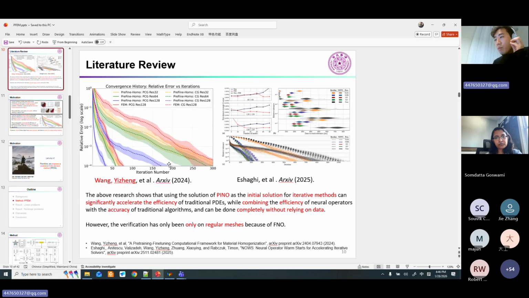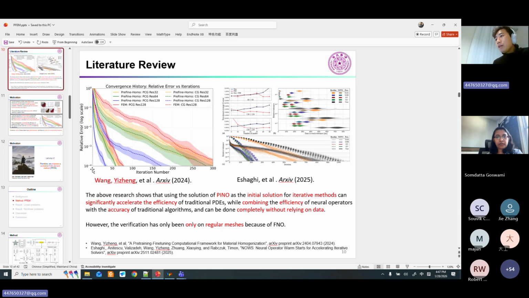However, if you make the relative error very small, for example 10 to the minus 15, there is no need for the initial solution, because the slopes are the same. With a good initial solution you get maybe 900 iterations, and with the zero initial solution, 930. It's only 30 iterations you can reduce.